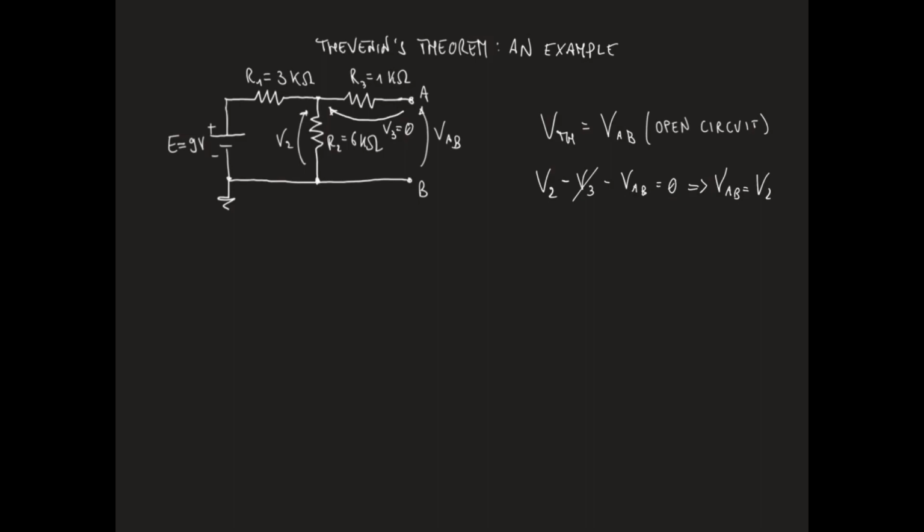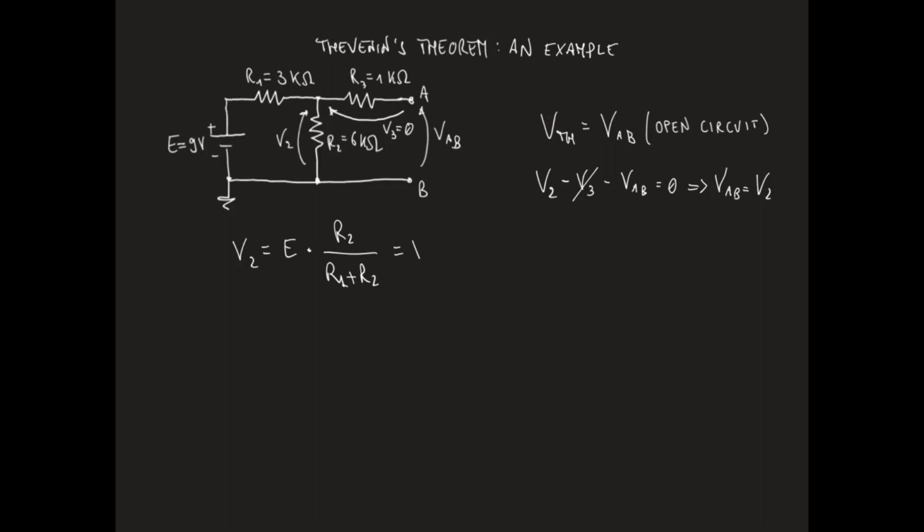Note that the battery and resistors R1 and R2 make up a voltage divider. So we know that the voltage V2 across the resistor R2 can be found as E times R2 divided by R1 plus R2.